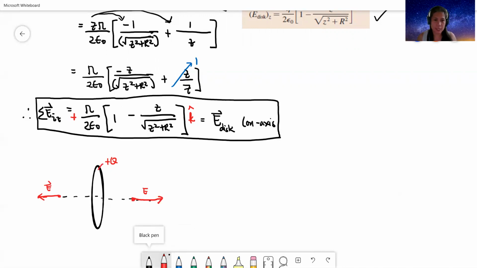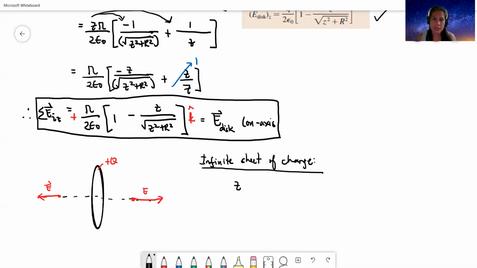What happens if we have what we call an infinite plane of charge or infinite sheet of charge? When you say infinite sheet of charge, we are saying that the z distance is much less than the distance from the center going towards the edges.